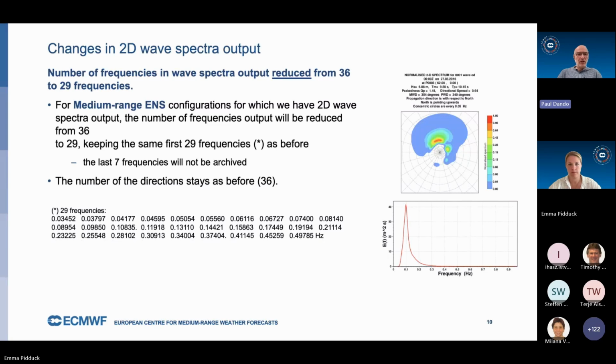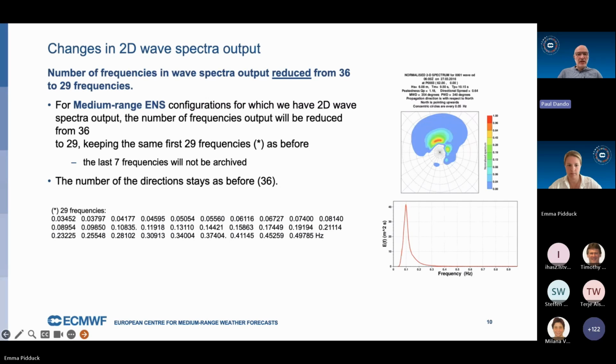What will happen at cycle 49R1 is that we will reduce the number of frequencies output and archived from 36 to 29. So the model will still run with the full 36 frequencies and 36 directions, but we will only output 29 of the frequencies, and these will be the lowest 29 frequencies.